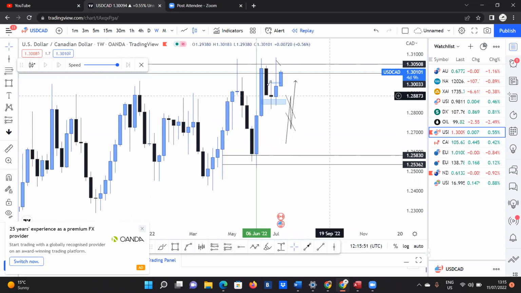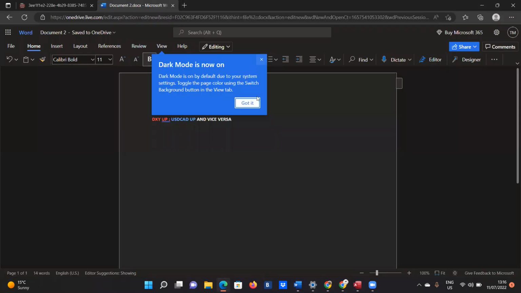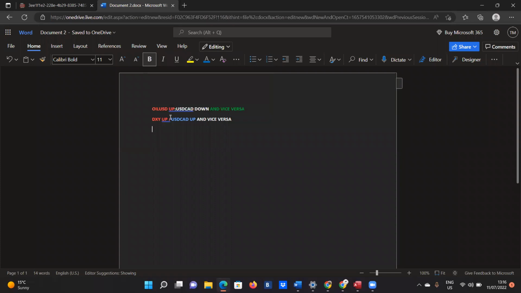So, okay, let's look at this. Whenever oil goes up, USD CAD goes down, and vice versa. If DXY, which is the US Dollar Index, goes up, USD CAD goes up, and vice versa.